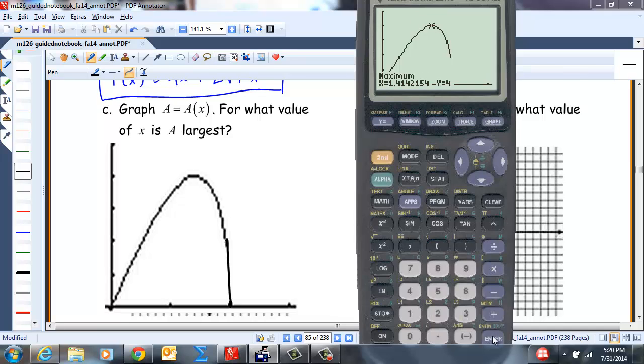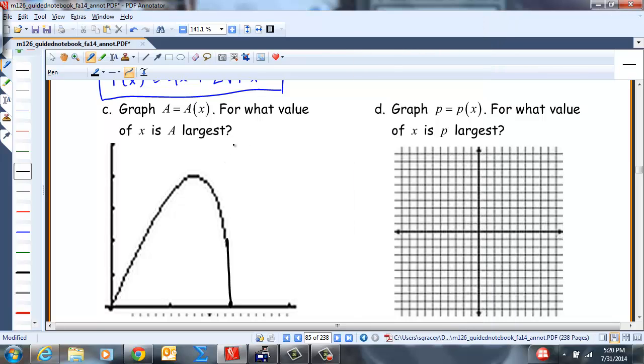And then we get our maximum is at approximately x is 1.41. And it's a maximum of y equal to 4. So when the max occurs, and x is approximately 1.41, A of x is the largest.